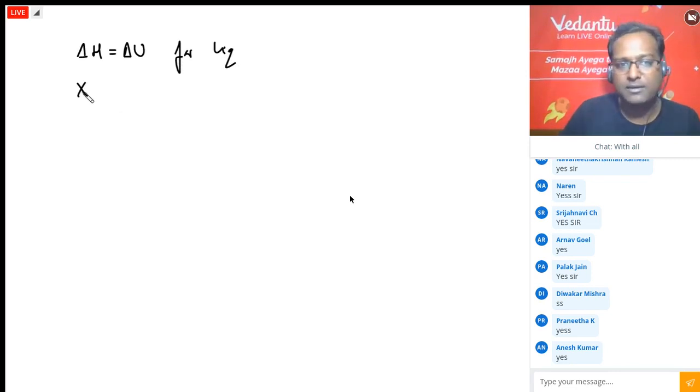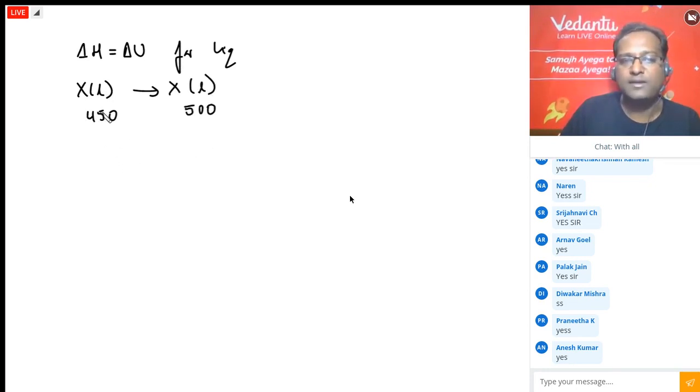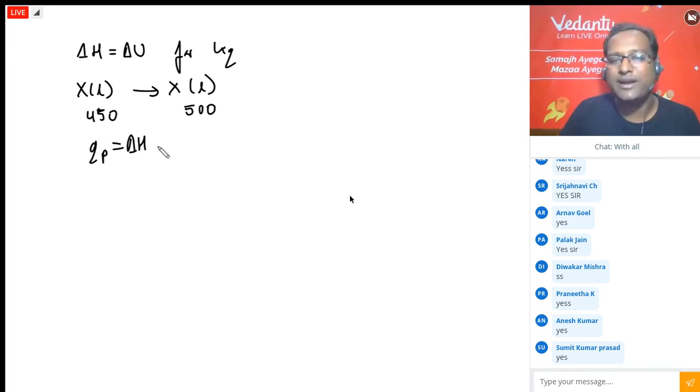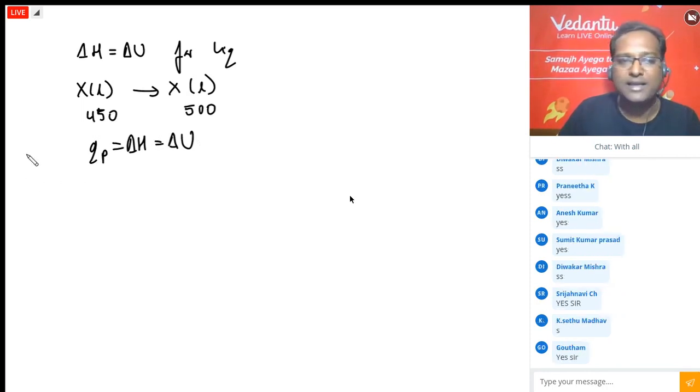That means XL at 450 going to XL at 500, a liquid heating up at constant pressure. So the heat absorbed in this process will be equal to delta H, but since it is a liquid, this will also be equal to delta U. Is this much understood? Now, where will QP be calculated from?